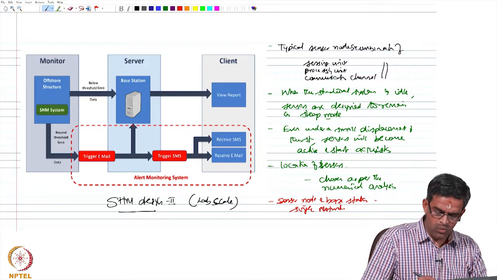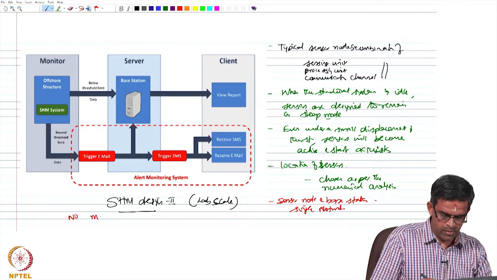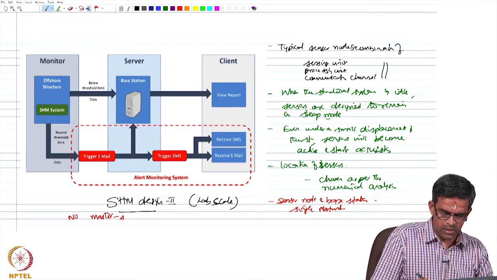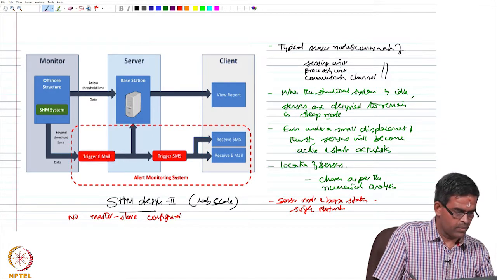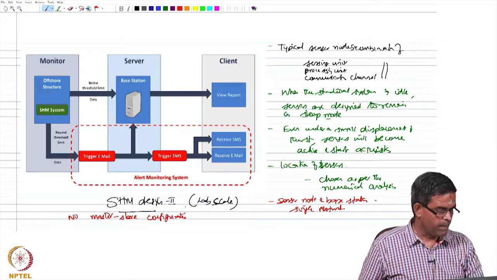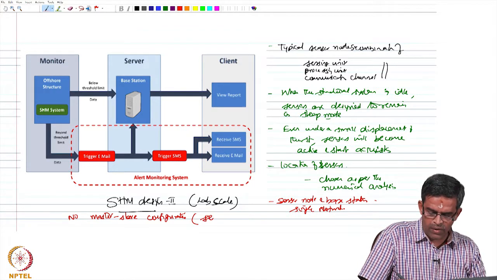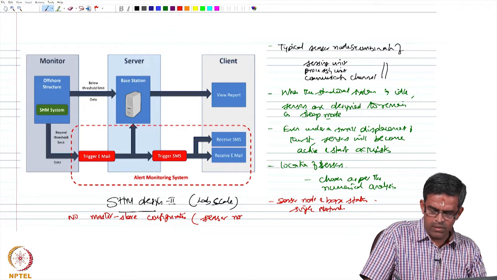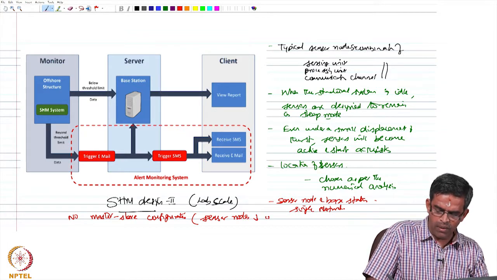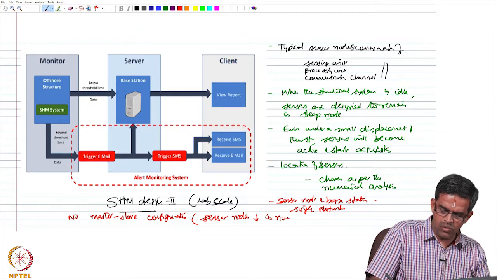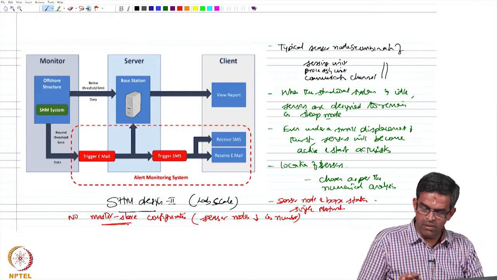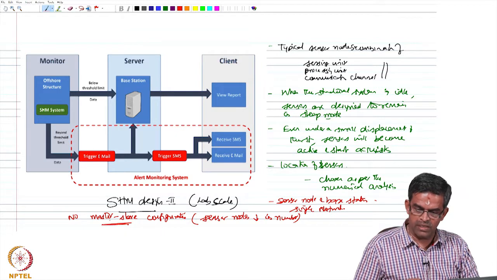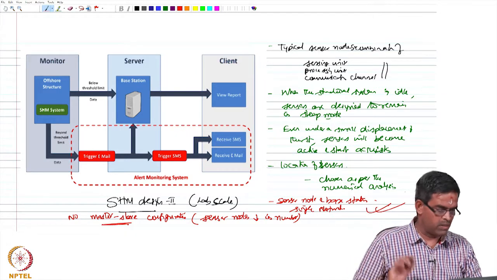So, there is no master slave configuration, because in the lab scale the sensor nodes are very small in number, therefore, there is no need to have an expandability of master slave configuration. So, the sensor nodes and the base station are connected to a single network.